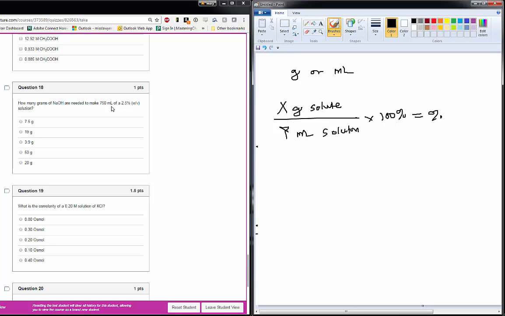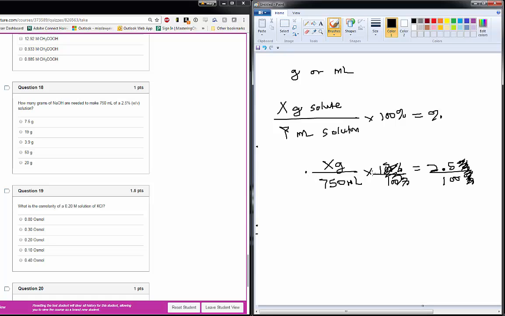So they want to know grams, they give us milliliters, so X grams divided by 750 milliliters, multiplied by 100%, and they want to make a 2.5% solution. So we solve for X. We do that by dividing both sides by 100%. So those cancel, and incidentally that percentage unit cancels.